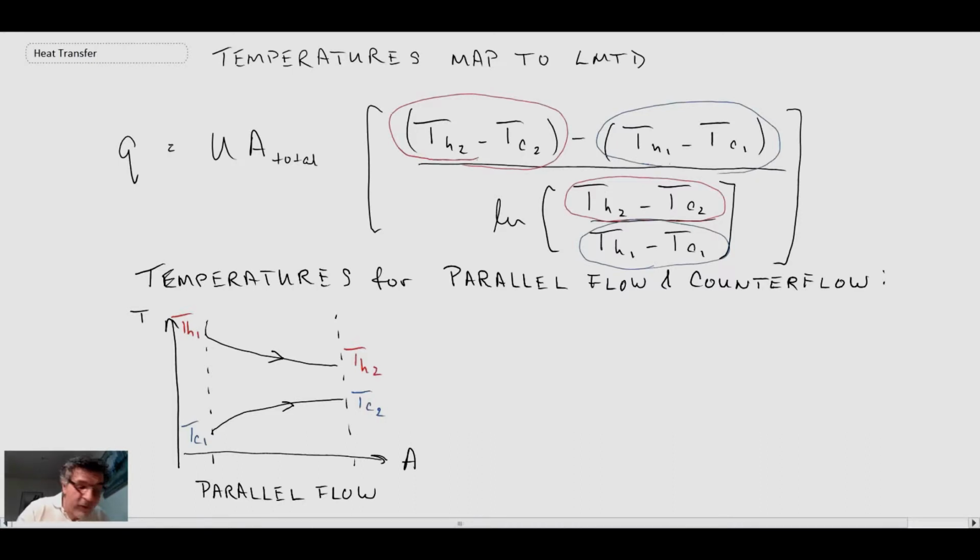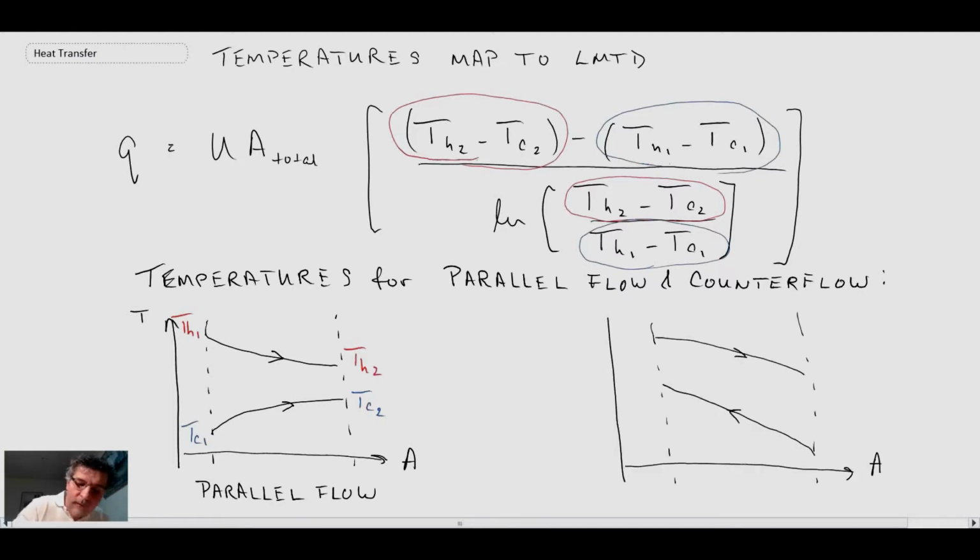Now looking at counterflow, if we're looking at a counterflow heat exchanger, then we would have TH1 here, TH2 there, and T cold 1 here, and T cold 2 there. So you can see that what we're doing is putting this as location 1, and this is location 2.